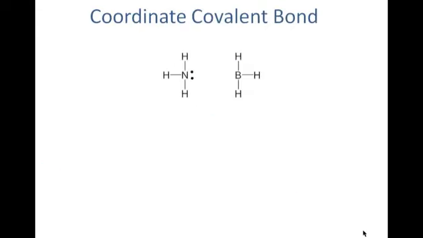Now, I just want to point out something to you about a different kind of covalent bond. We've been talking about covalent bonds where each atom contributes 1 electron to form that bond. Well, remember we talked about boron and how boron can form only 3 bonds because it only has 3 electrons to donate to a bond.